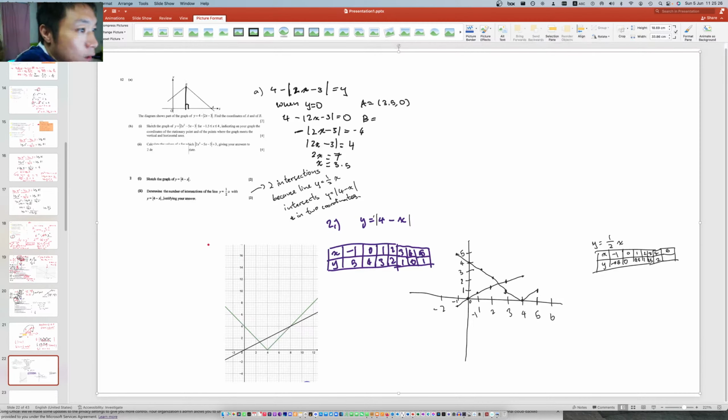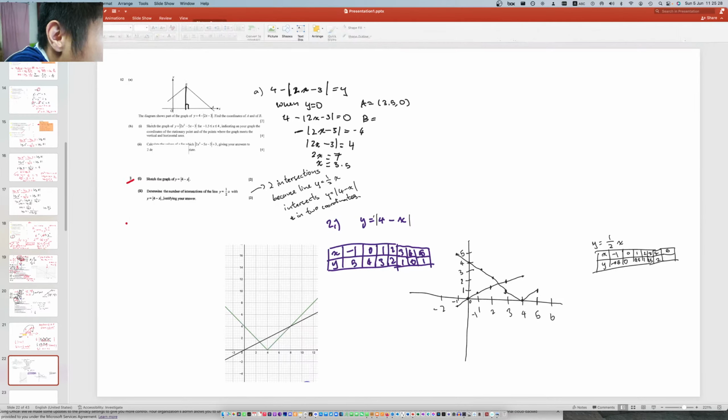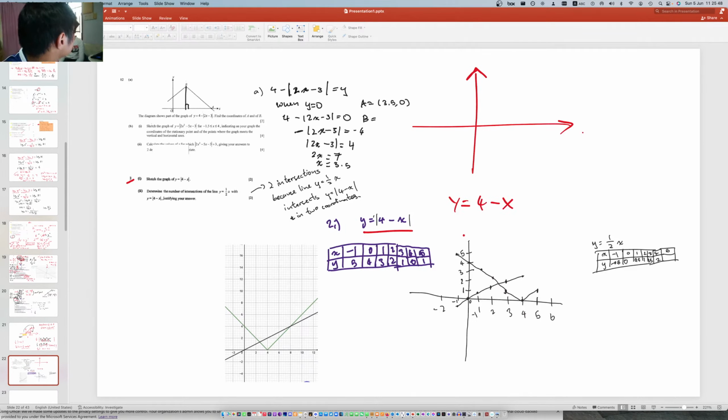Alright, so perhaps we just do question 2 first. Okay, so question 2, sketch. So I talk about how to sketch this one. Deconstruct first. To sketch this, I think the best thing you do is sketch this first.